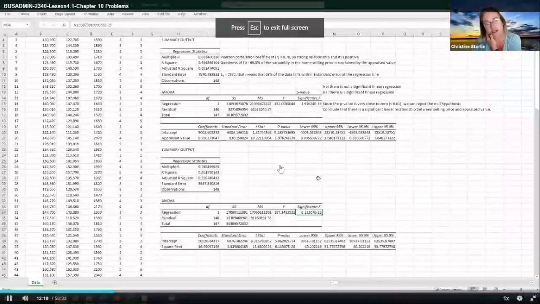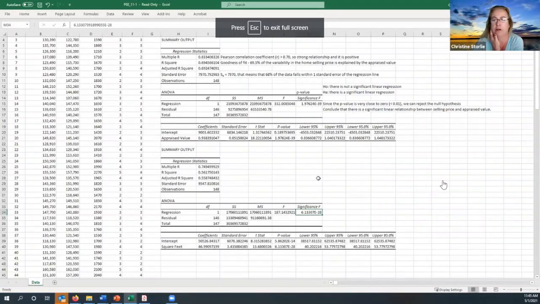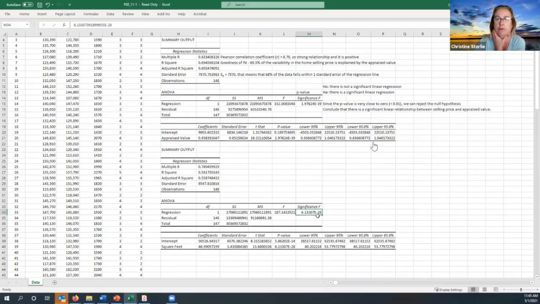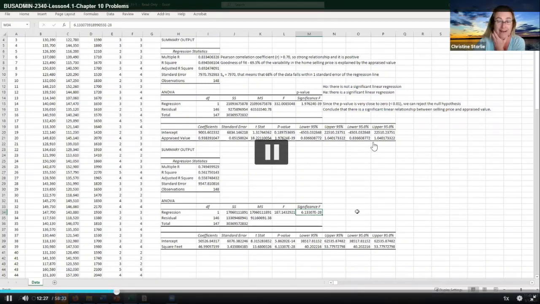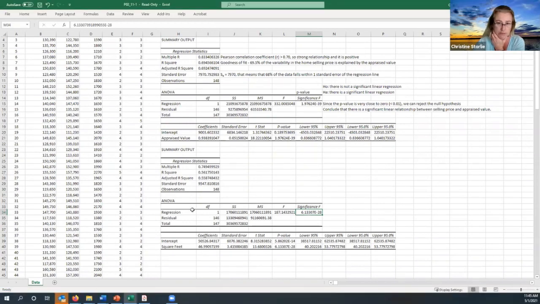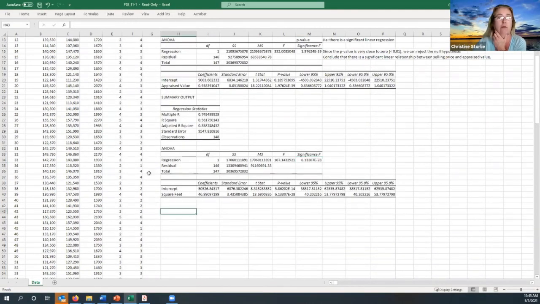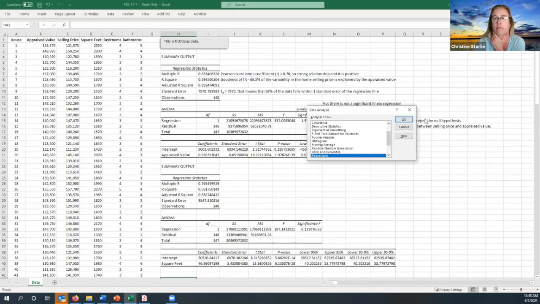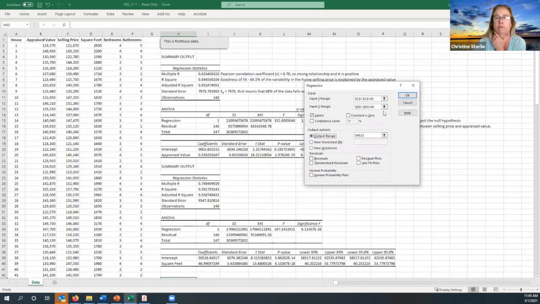This is a significant predictor. We look at significance, and we see that it has a significance level of 6.13. That's all we're looking at, is significance.